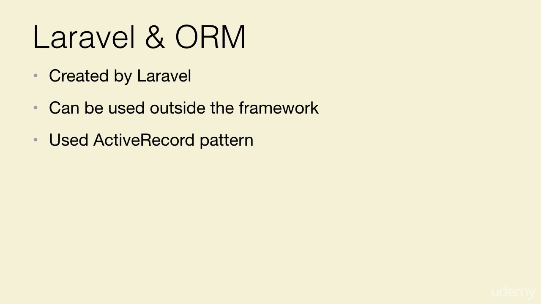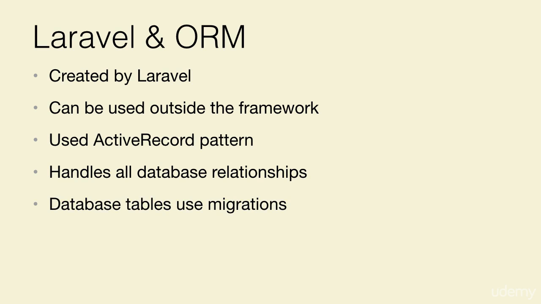And ORM uses the active record pattern. Like I said before, Rails is using the active record pattern as well, which lets you create, update, and delete any record really fast, and handles all the database relationships. Database tables use migrations, exactly like Ruby on Rails as well.